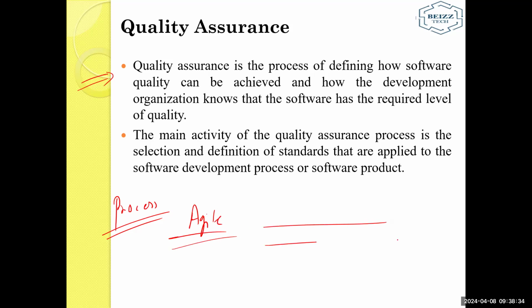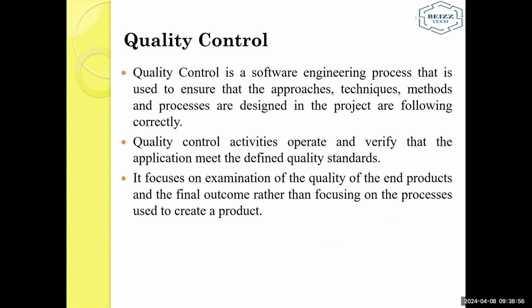So entire process following or not properly, step by step, that is again we are able to validate. So the main activity of quality assurance process is selection and definition of a standard that is applied for a complete development process or complete software product. See this. So it is related to the entire process, or it is a process oriented approach.